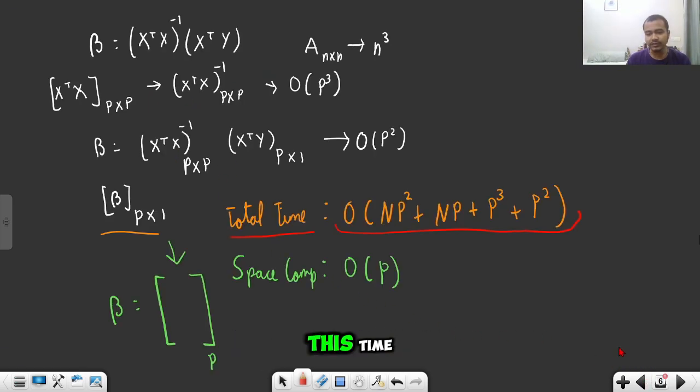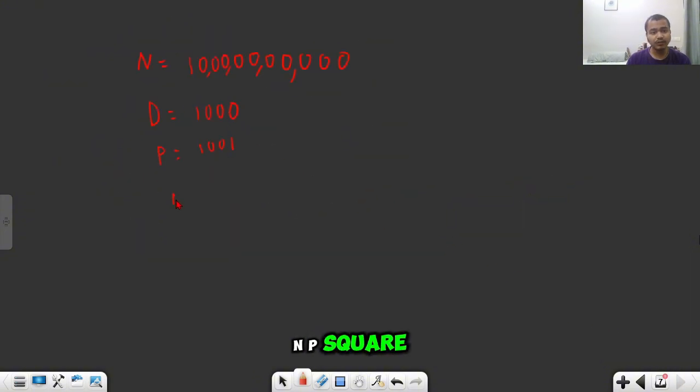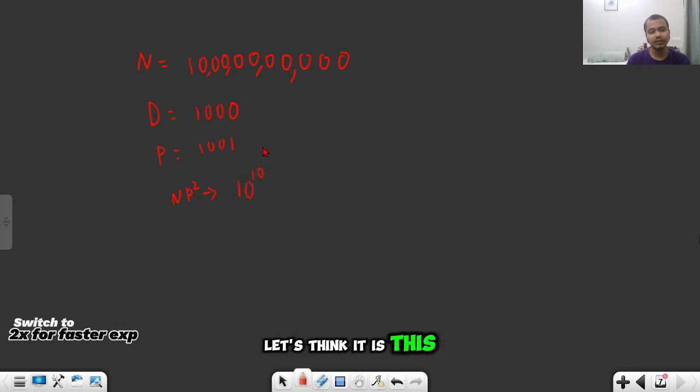And if we look at this time complexity, it is going in the order of n p square, p cube, p square. This will go up to 10 raised to 10 for n.